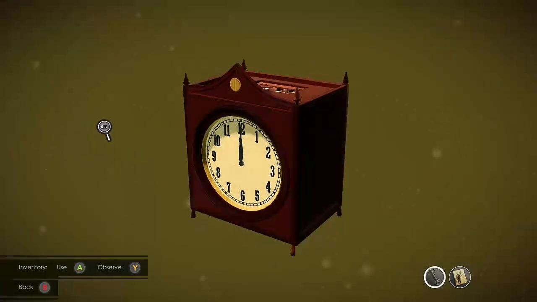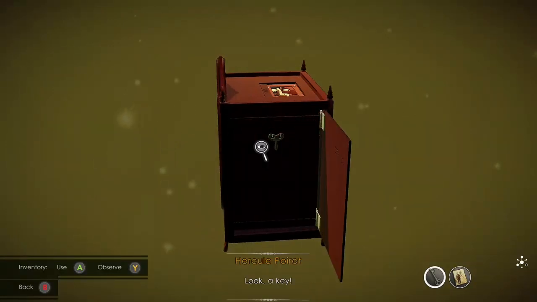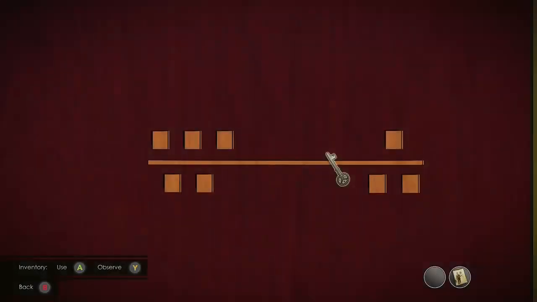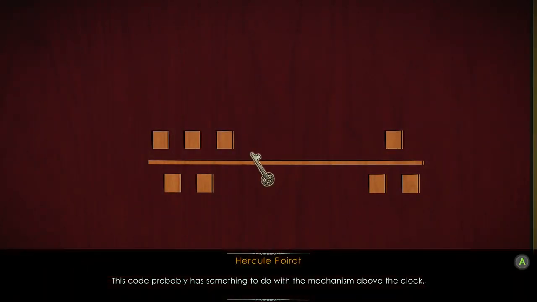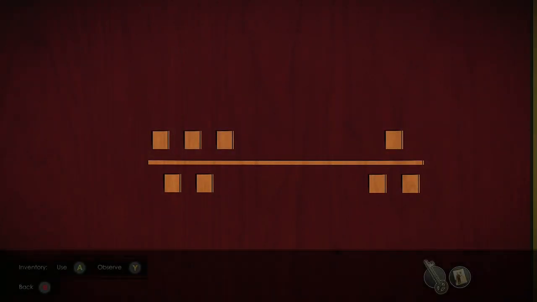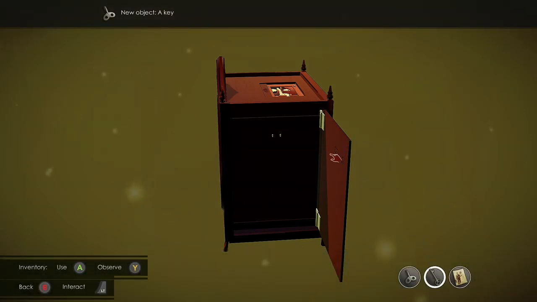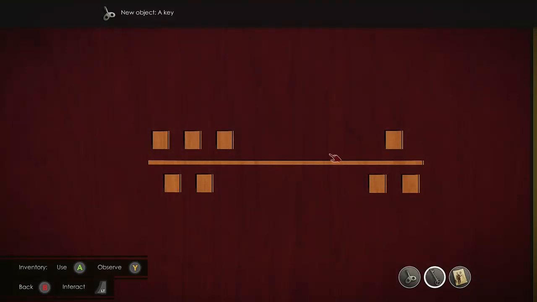Takes forever, that. Look, a key. Yay. This code probably has something to do with the mechanism. This could be useful. Right there. What's that say?